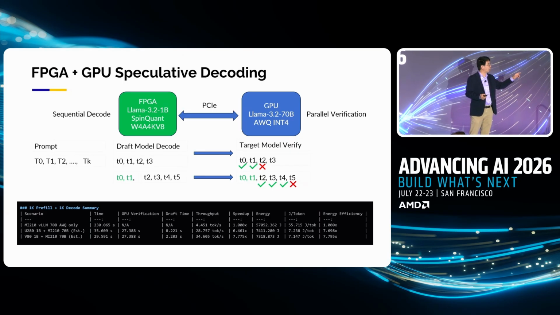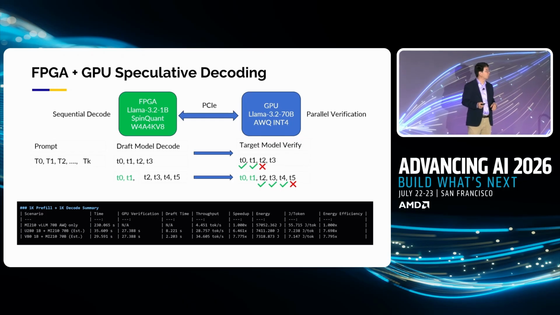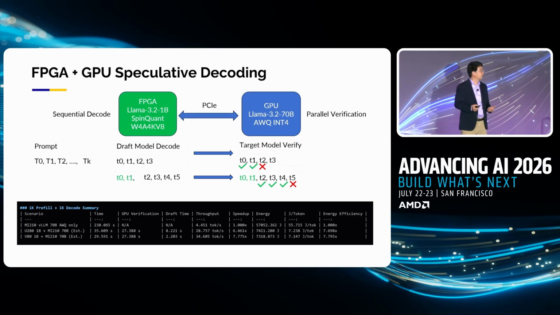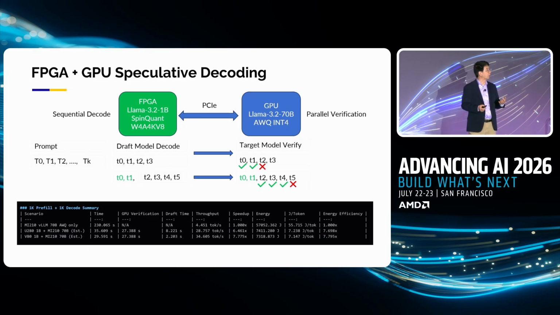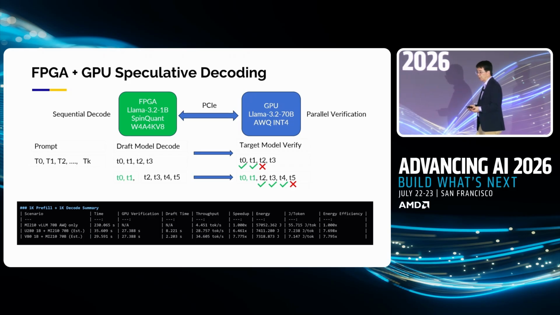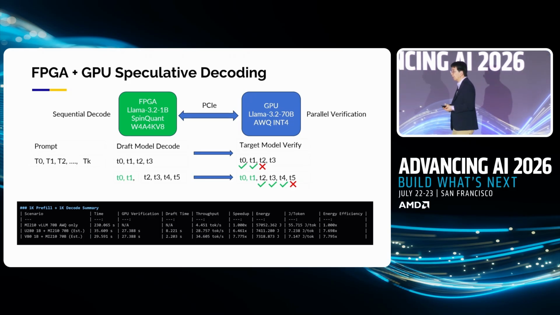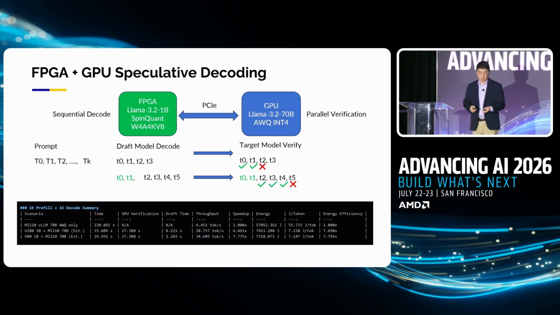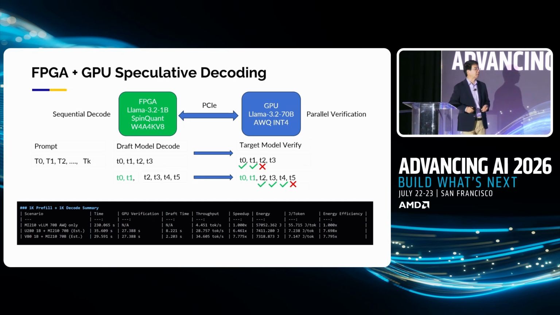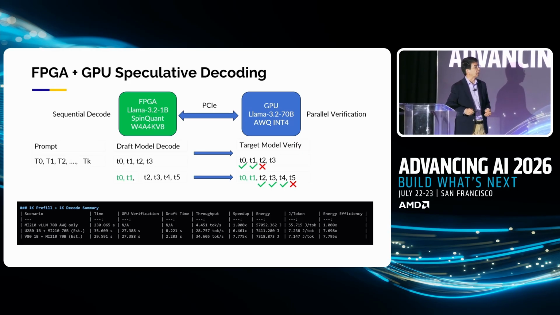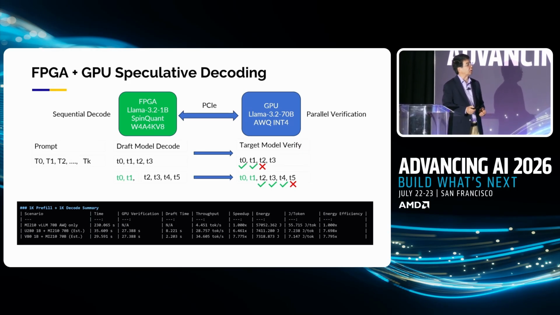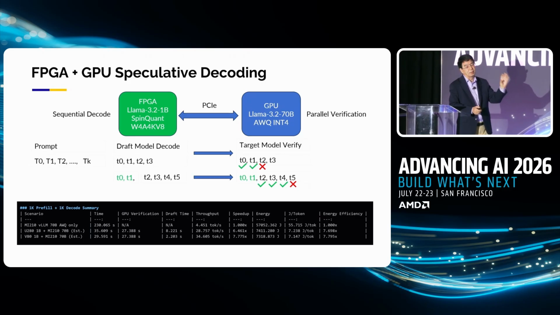But even with that, we can do 6x better in speed, and I think 7x plus better on energy efficiency. And then if we project to a V80, which is a 7 nanometer FPGA, we can have a further improvement. It's over 7x faster and close to 8x better energy efficiency. So that kind of heterogeneous setting is very, very useful.